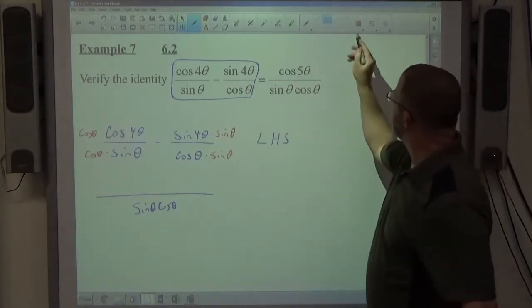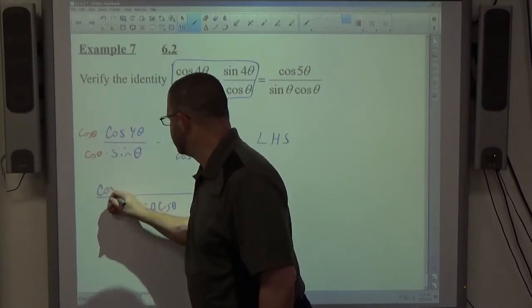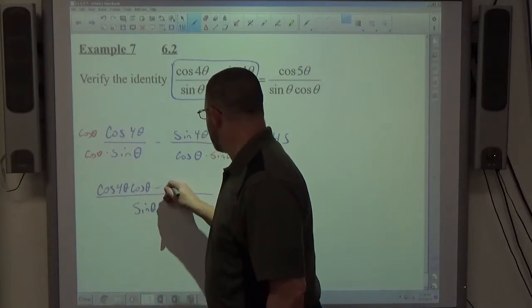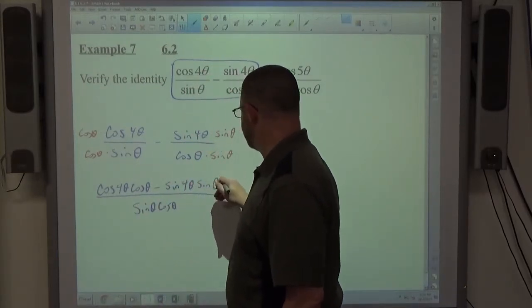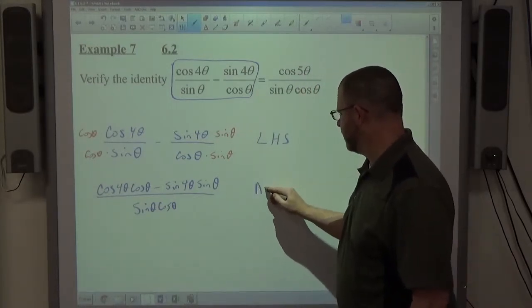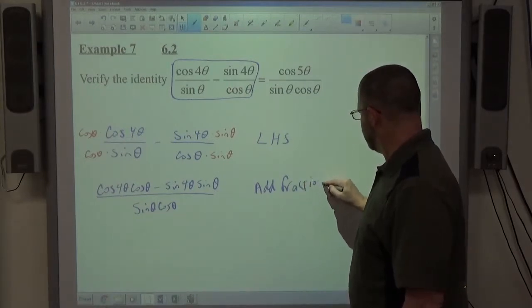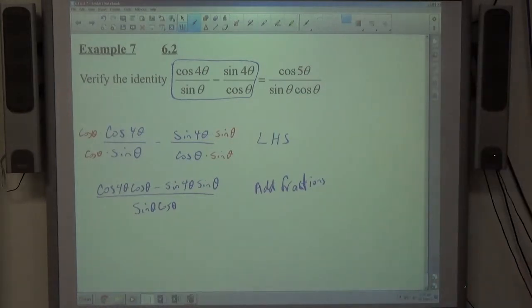So my numerator becomes cosine of 4 theta cosine of theta minus sine of 4 theta sine of theta. And that is just adding fractions. Not too bad, right?